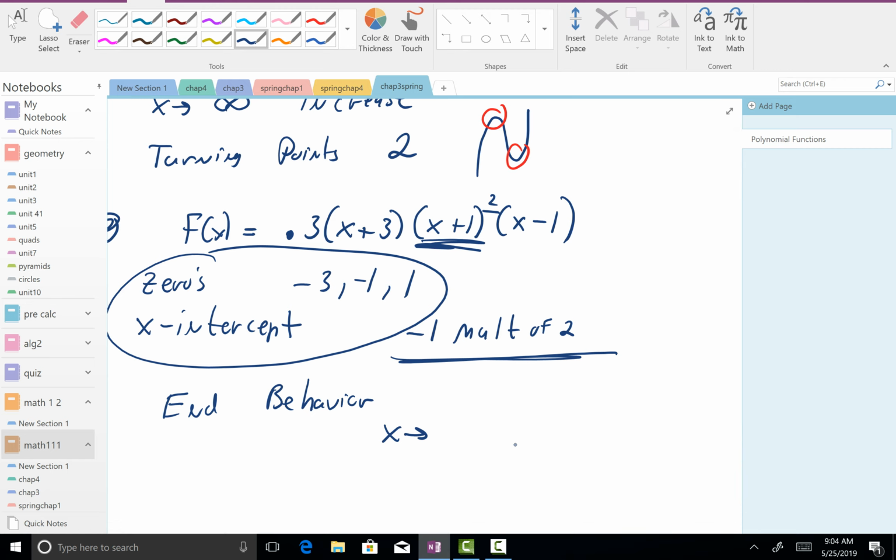So, now that I know what the degree is, I should be able to come up with the end behavior. So what's the end behavior of this one? As x approaches negative infinity, what's it doing? Increasing, good. X approaches positive infinity. What's it doing? Increasing. Good.